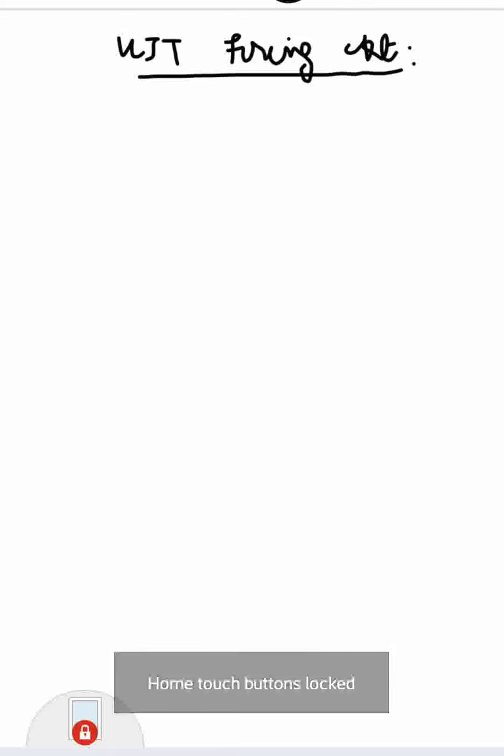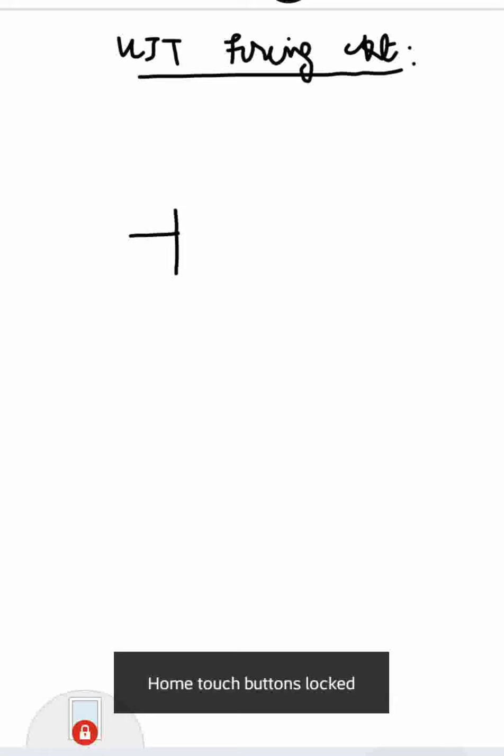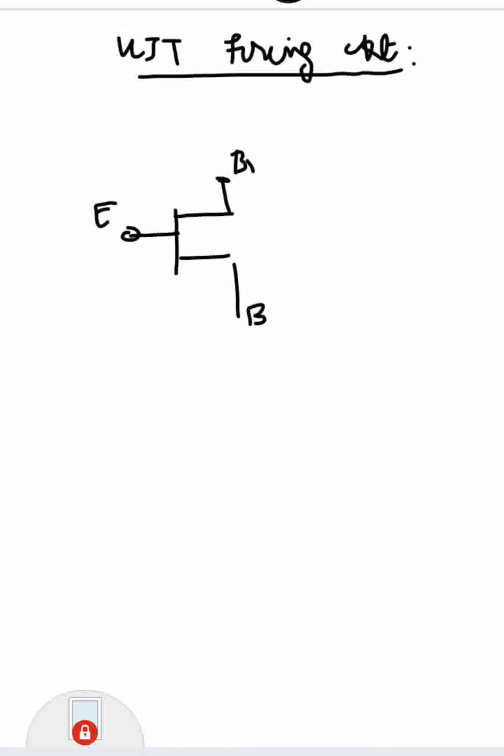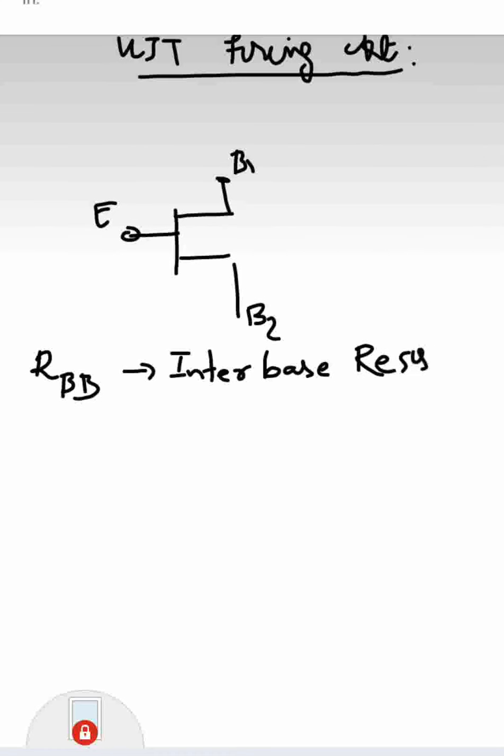First you need to understand the basic concepts about this UJT. It is a general structure. It has an emitter, base 1 and base 2. There are several terms associated with this UJT. One is called RBB, the interbase resistance.